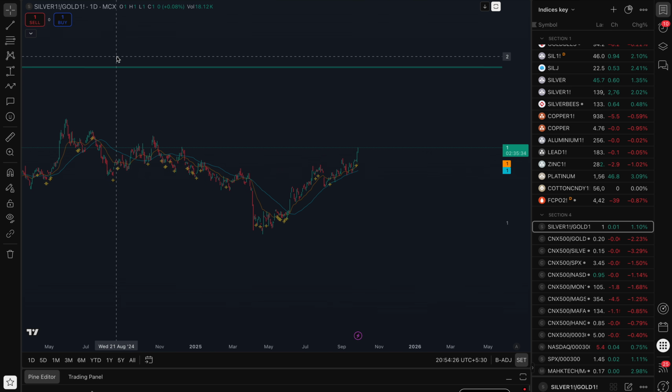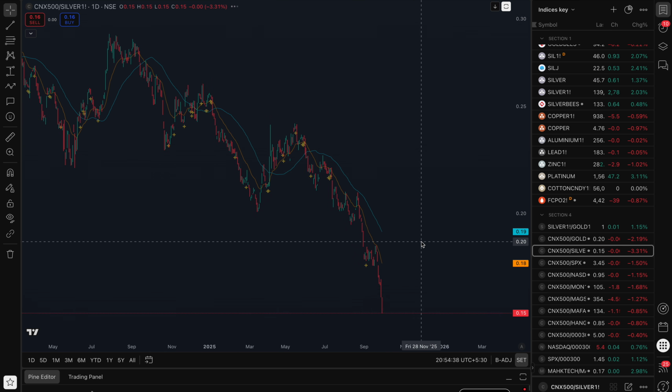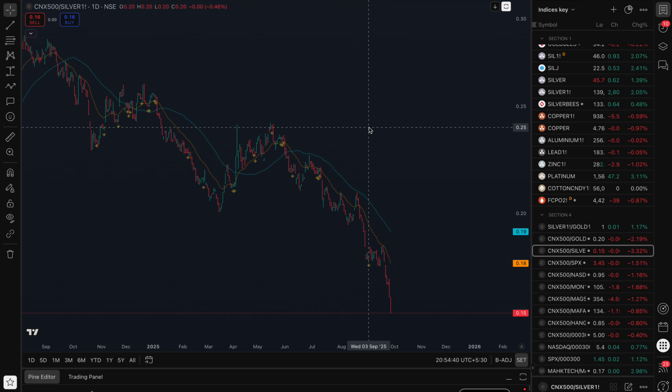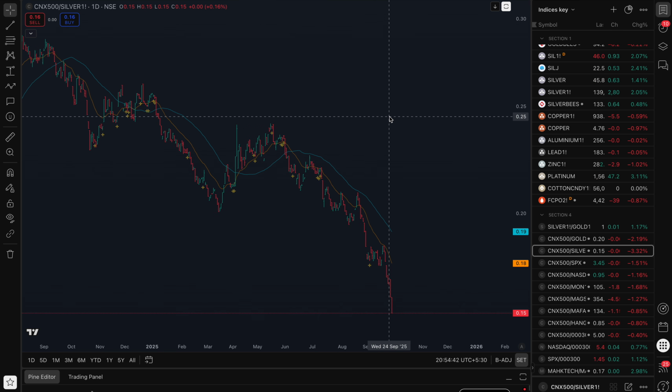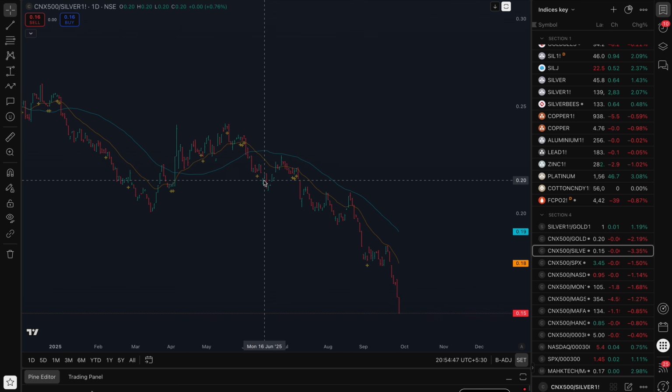And like this, you can do this for everything. So if you see currently, you want to see whether silver is better or Nifty 500 is better, right? So what you do is you put CNX 500 by silver, and of course you don't need a ratio chart to tell you that, but it is more clear. Every time CNX 500 hits the key MA, it gets slapped, right?